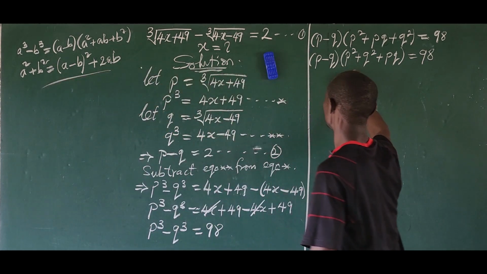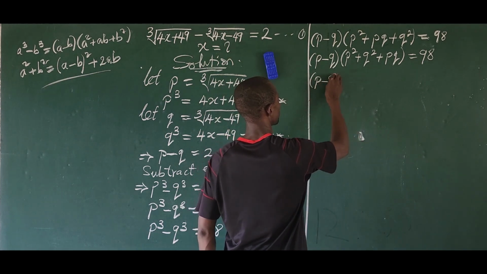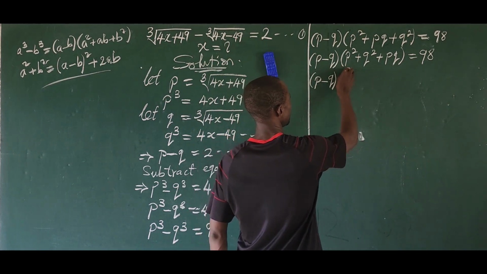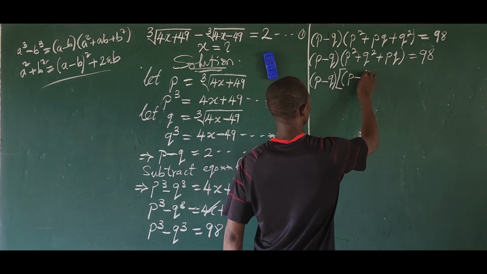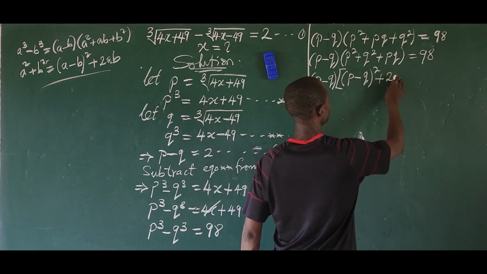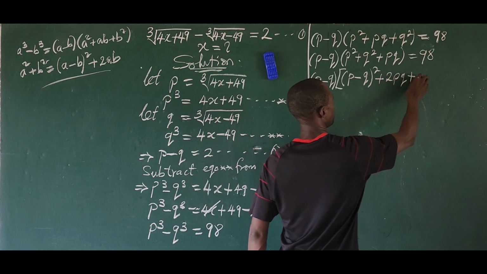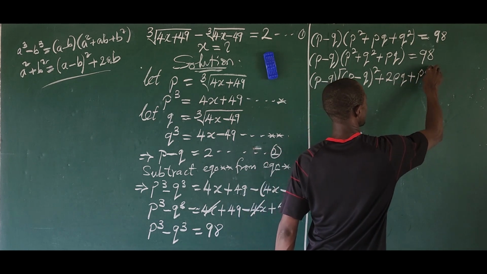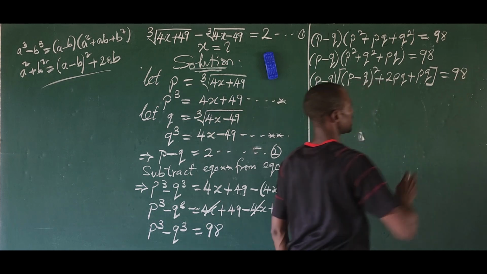We're going to rewrite this expression in this format. Rewriting it gives us (P − Q)[(P − Q)² + 2PQ + PQ] = 98, where the PQ is already in existence here.